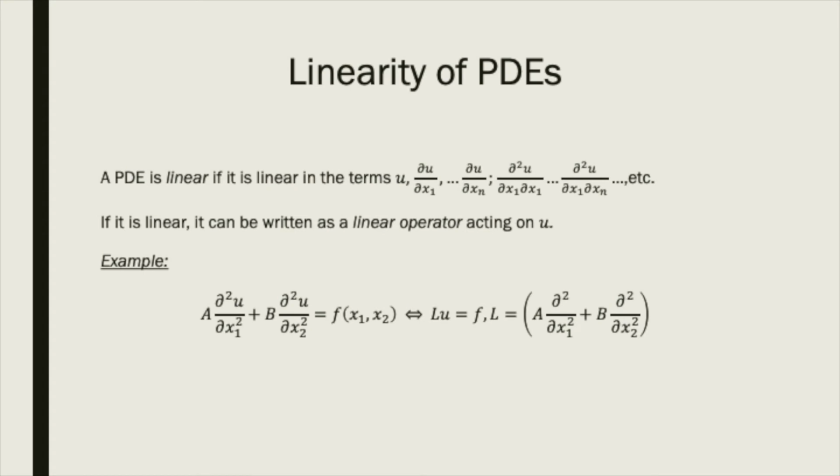Just like with ordinary differential equations, we say that a PDE is linear if it contains only linear terms of the solution function and each of its included partial derivatives. Otherwise, you have a nonlinear PDE. If the PDE is linear, it can be thought of as a linear partial differential operator acting on a function. See, for example, the equivalency of these representations of a PDE.